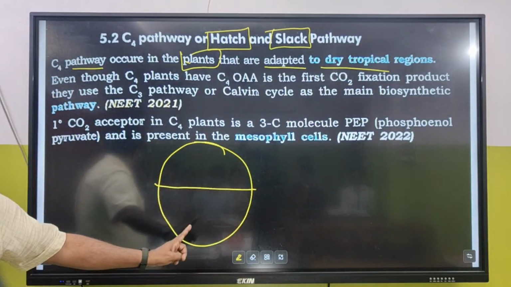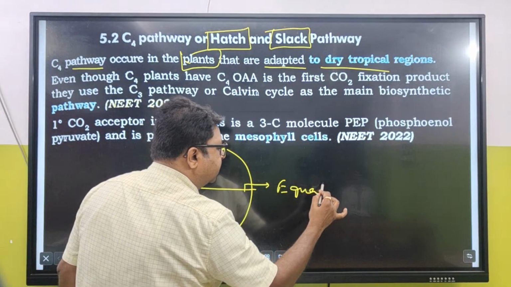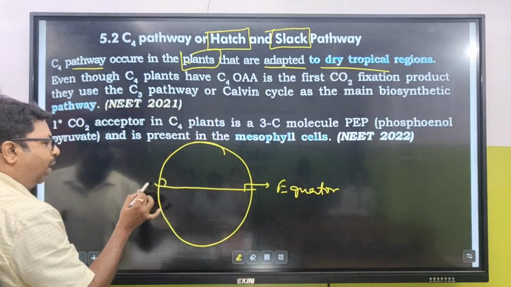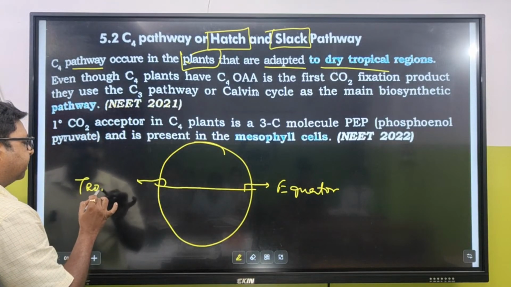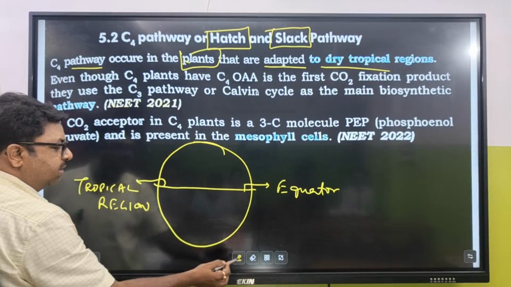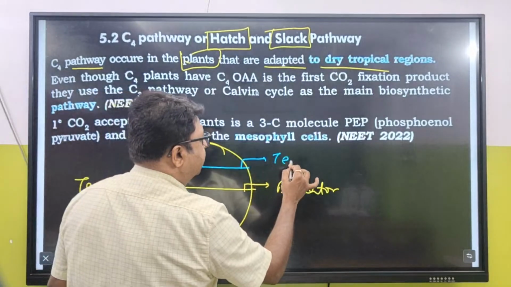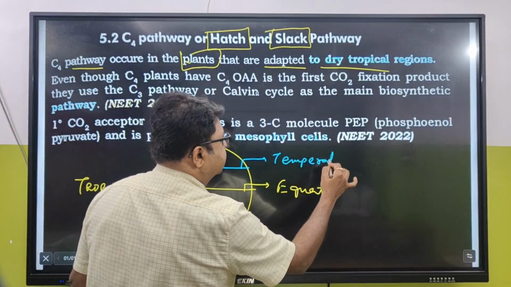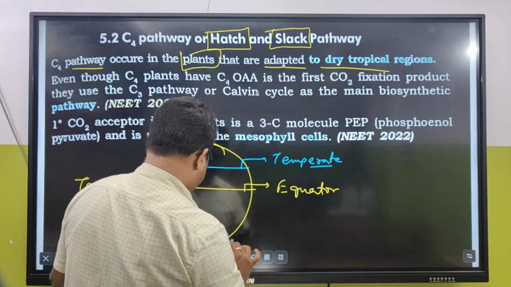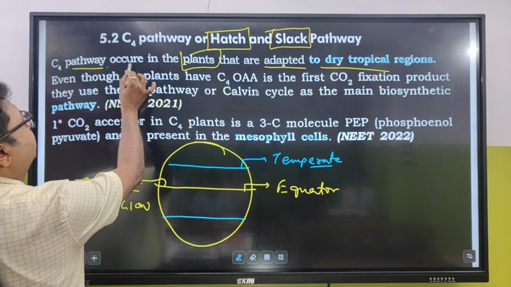This is the planet Earth and this is the equator. In the equator, what is present? The tropical region, and this is the temperate region.